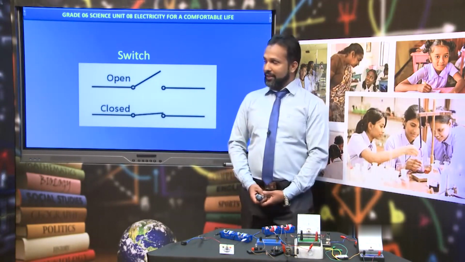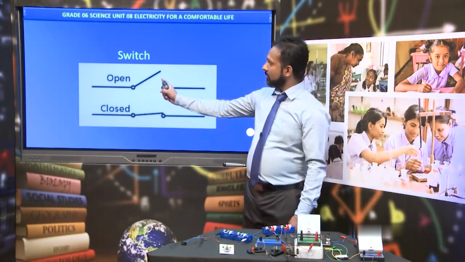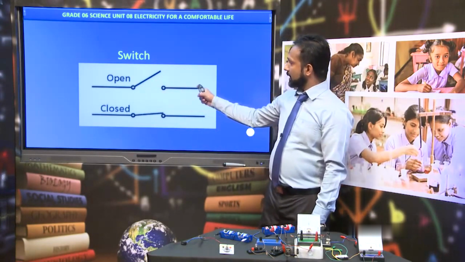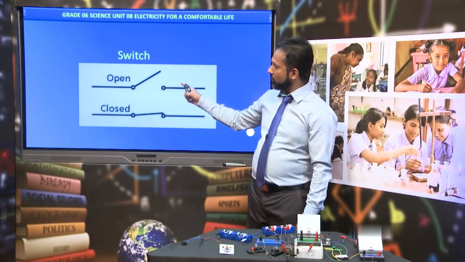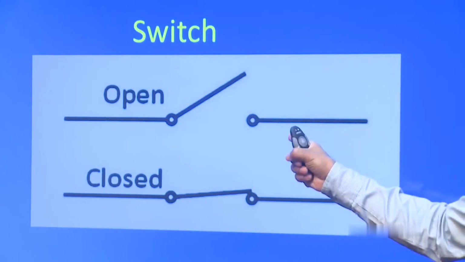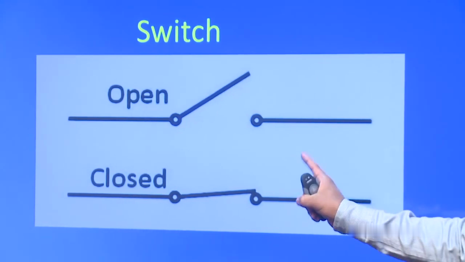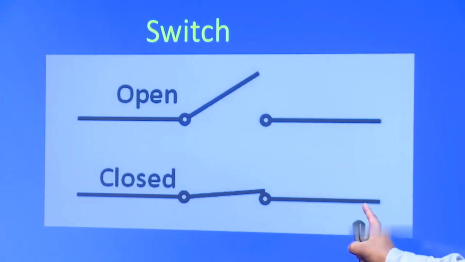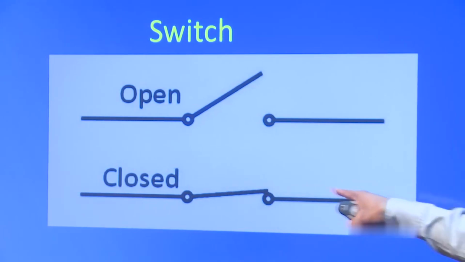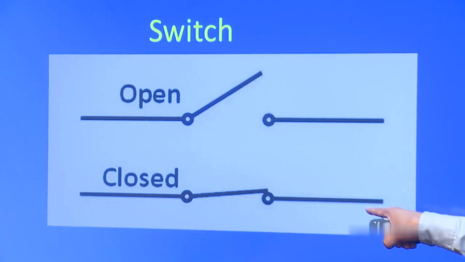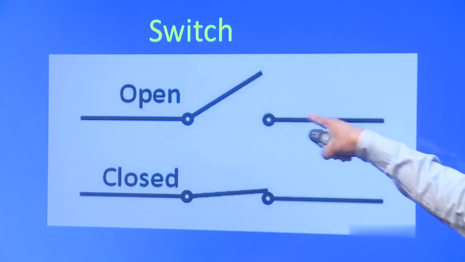What's the difference between these two? As you can watch, this symbol represents the open switch when the power is disconnected. This symbol represents the closed switch. In this case, electricity passes through the circuit. In this case, no current passes through the circuit.